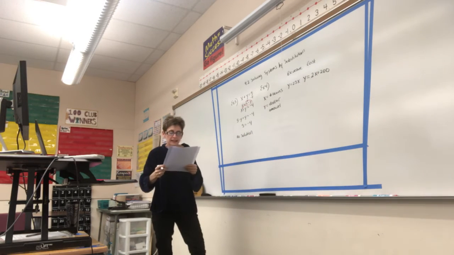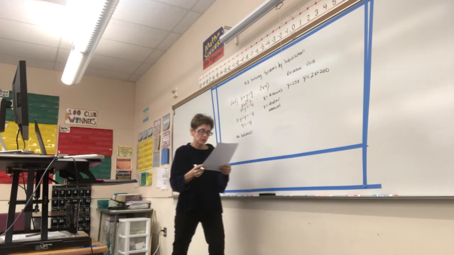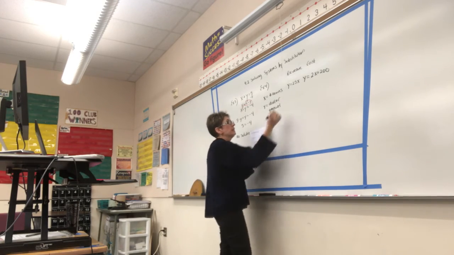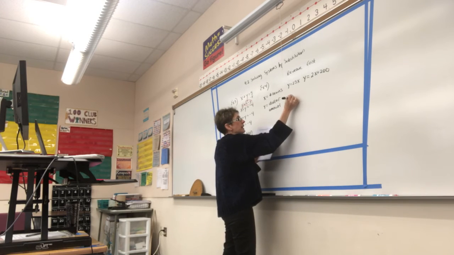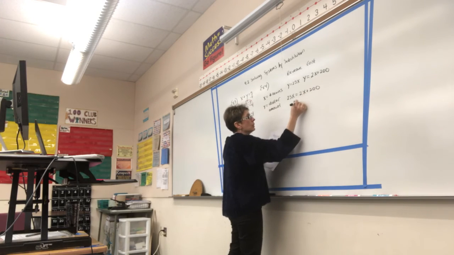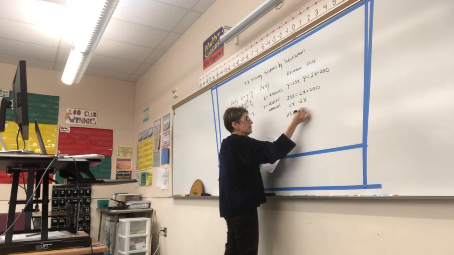Now the question is asking, at what point will the revenue exceed the expenses? So let's set the revenue equal to the expenses, and then we'll know how many lawns he has to mow to start making money. So let's set 25x equal to 2x plus 200. We're going to subtract 2x from both sides and get 23x equals 200.